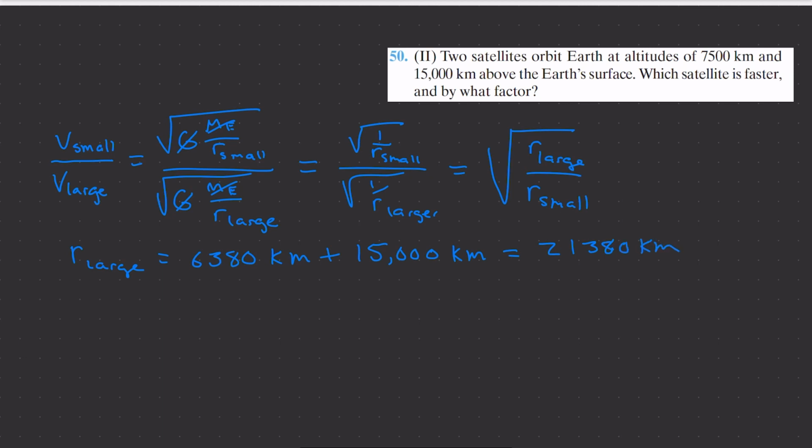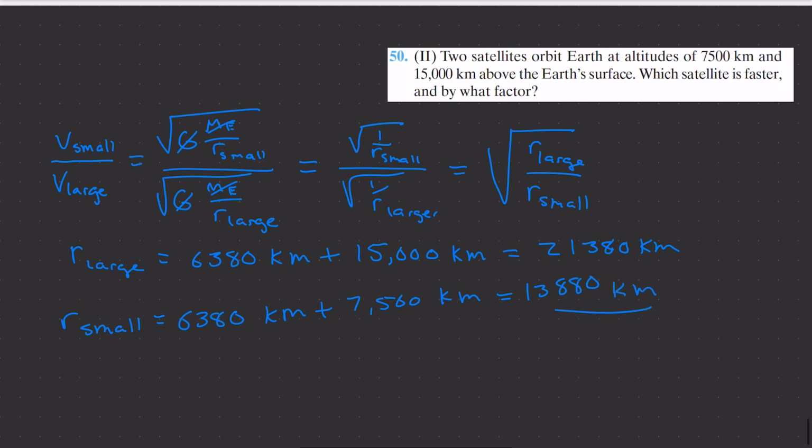For the smaller radial distance, it's going to be that same Earth's radius, 6,380 kilometers, plus 7,500 kilometers. That's equal to 13,880 kilometers.